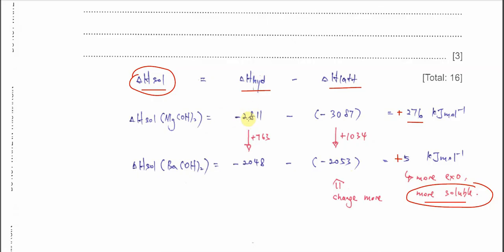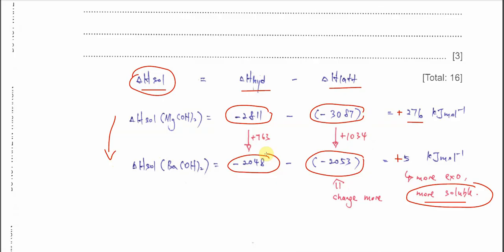The hydration enthalpy of magnesium hydroxide is more exo, and barium hydroxide is less exo. For the lattice energy also, both become less exo.